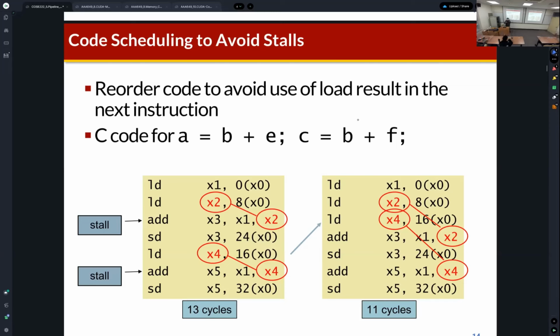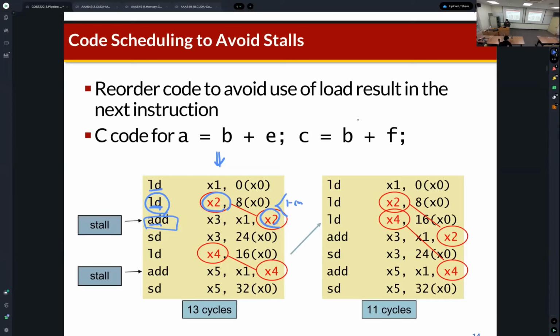We can apply compiler optimization. If this is the original code, then you can find that this is a load instruction, and this is also a load instruction. And then the following add instruction requires the data from this load instruction, so you can find the data dependency. The former instruction is the load instruction, and the next instruction requires data from it, so one clock cycle is wasted.